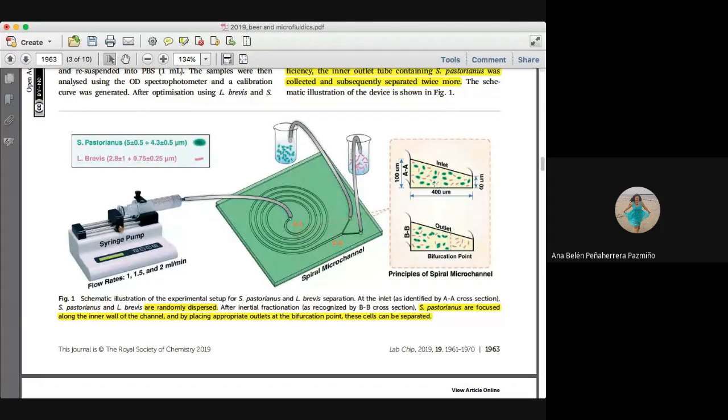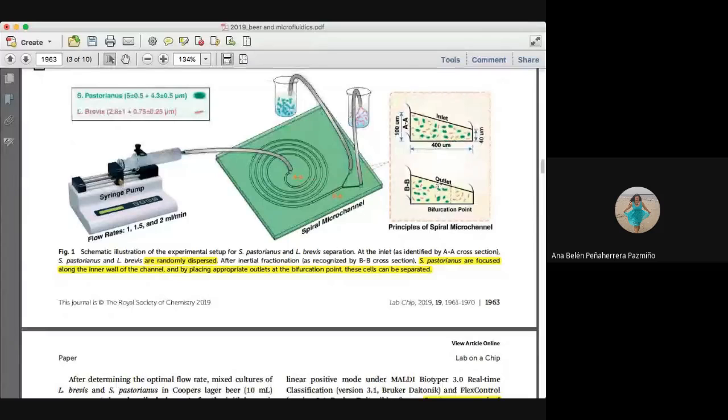Okay, so the principle of the separation is that yeast are going to be focused along the inner wall of the channel, while the bacteria, in this bifurcation point, as you can see here at the BB transversal section, are going to be dragged.